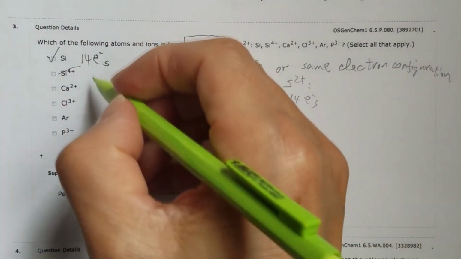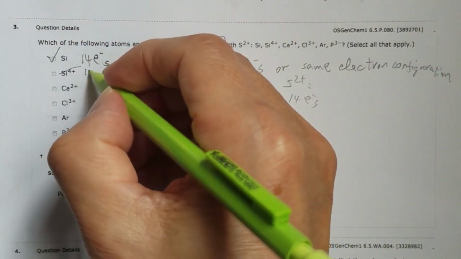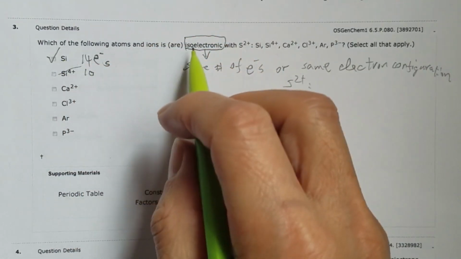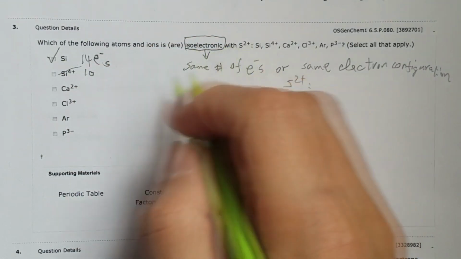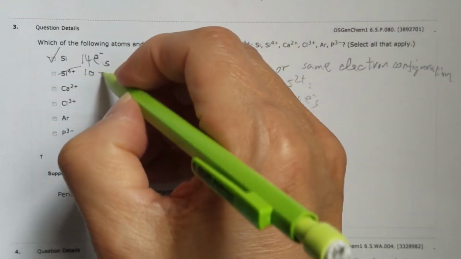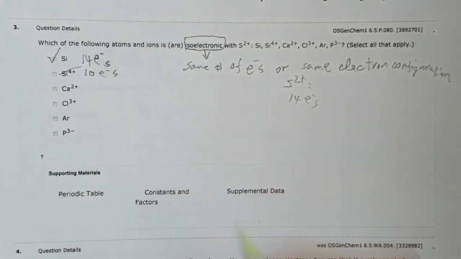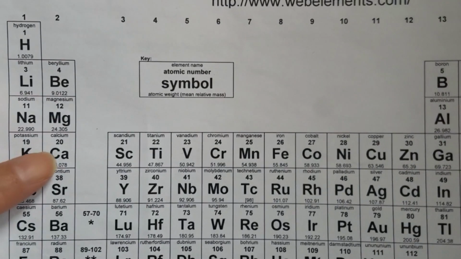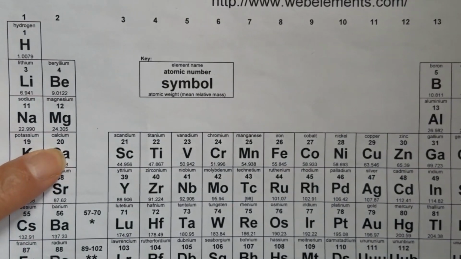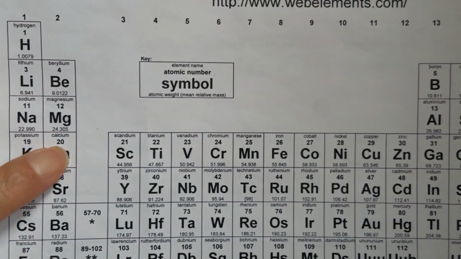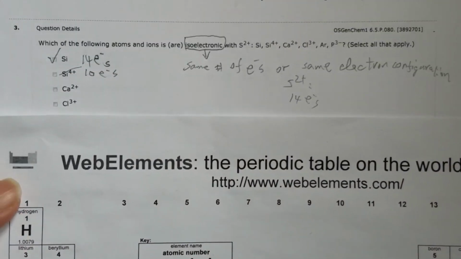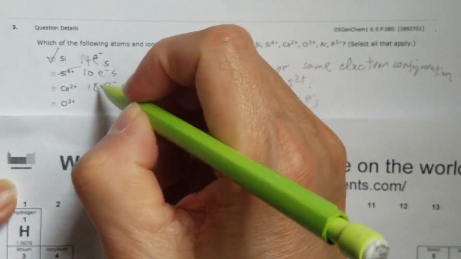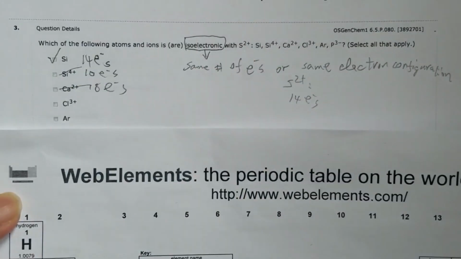So that is correct. Silicon is isoelectronic with S2+. This one only has 10 electrons. That won't work. Calcium atom should carry 20 electrons. Now 2+ lost 2, still has 18 electrons. So that one is out.